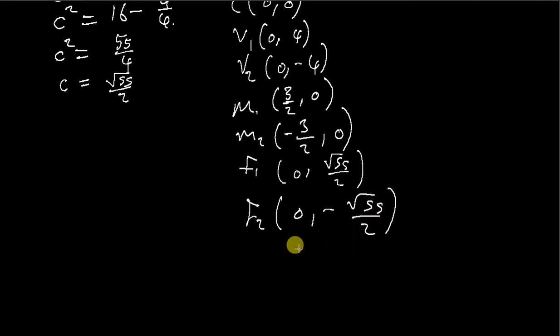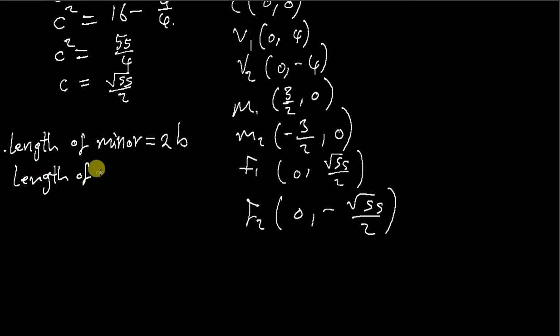So after finding these, I think we can now sketch. Then I forgot to find one thing on the previous question, the length of the minor and the length of the major axis. So the length of the minor axis is given by 2b, and then the length of the major axis is given by 2a.